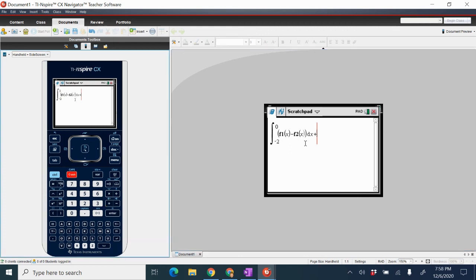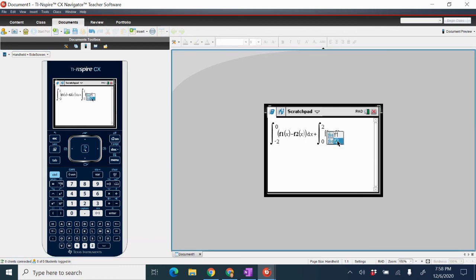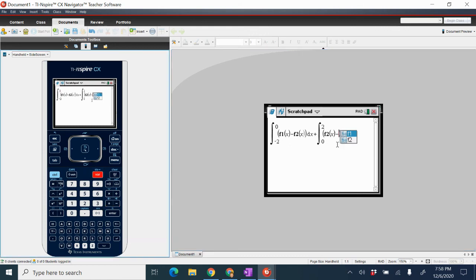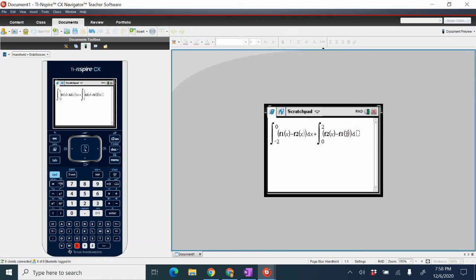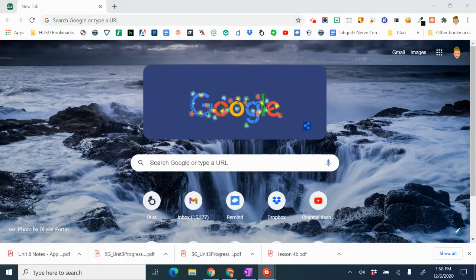I'm going to do the shift plus again, and I'm going to go from 0 to 2, and I'm going to tell it I want var. This time I want f2 first of x, and then minus var f1 of x dx. We're going to hit enter, and we ended up with the exact same thing we got when we integrated by hand.